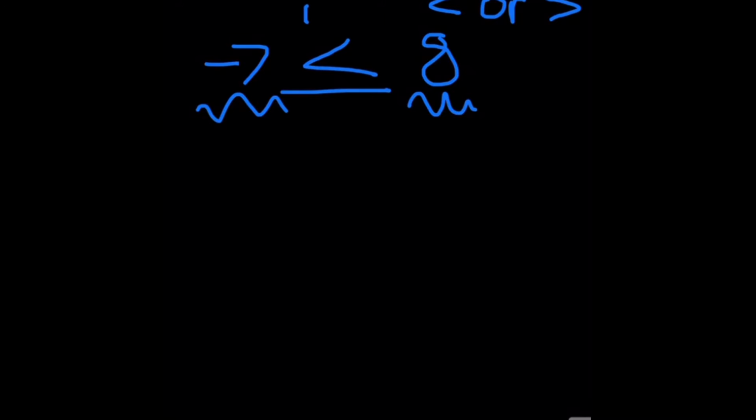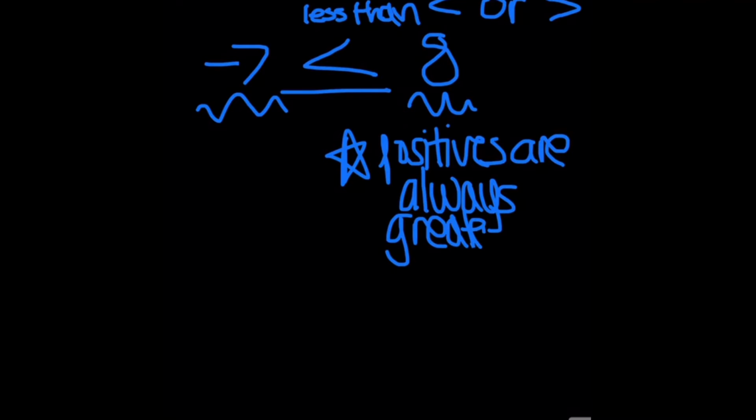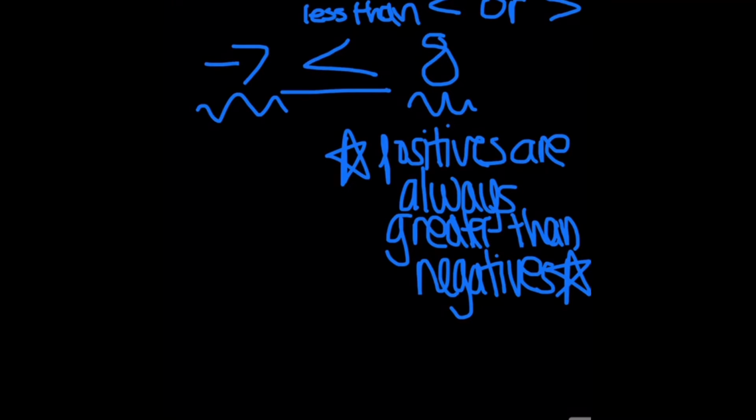We are going to use the less than, because positives are always greater than negatives. This is very important. So that way it was less than. All positive numbers are greater than negative numbers.